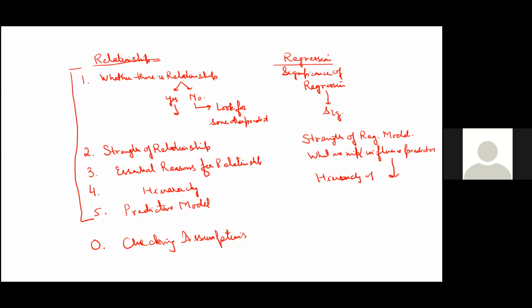Since the dependent variable is single, how can it be both non-metric and metric? As we have mentioned, a dependent variable is single only, so a single variable can be either non-metric or metric. It can't be both.